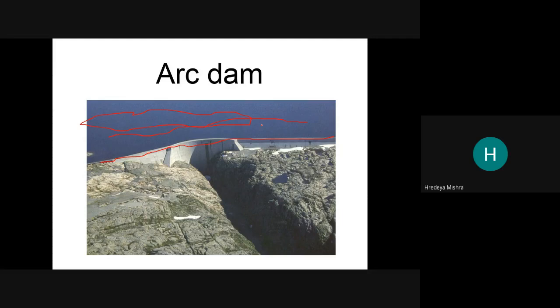We just stop the flow to generate the potential energy of the water, and here we release the water through a narrow area, and this water has very high velocity to rotate the turbine.